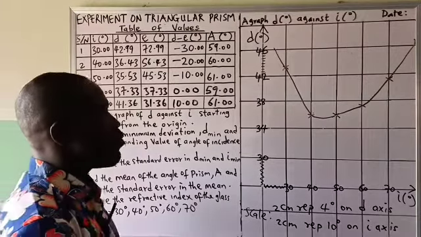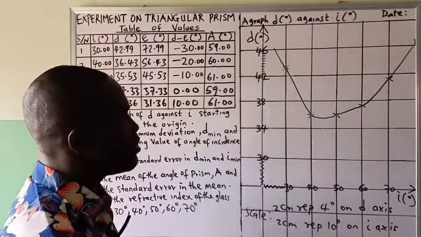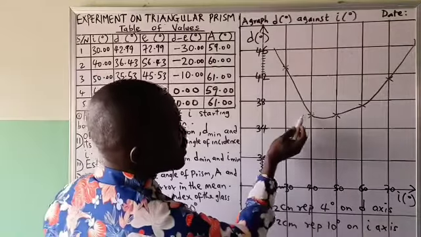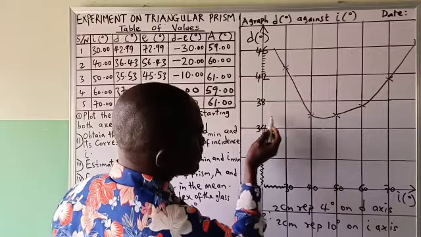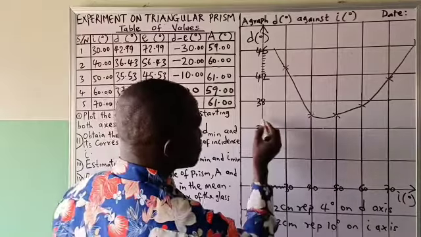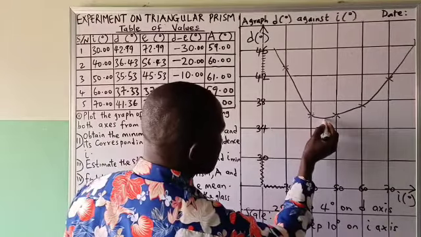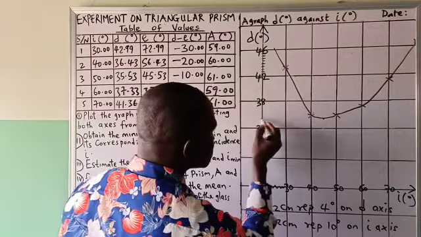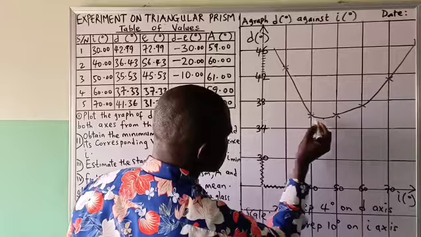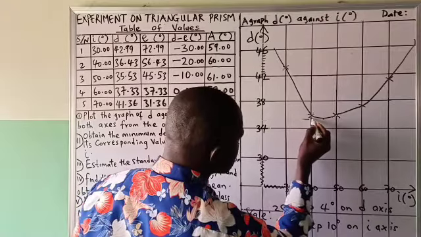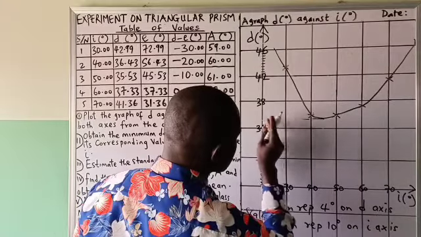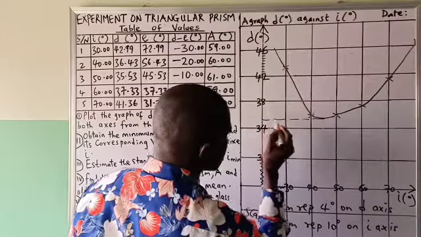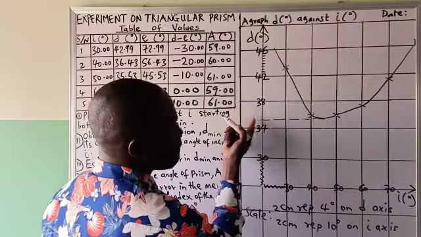Okay? Now we want to get our minimum deviation. Minimum deviation is, trace here the lowest value of the curve. Trace it. If you trace it, you'll be seeing it here.